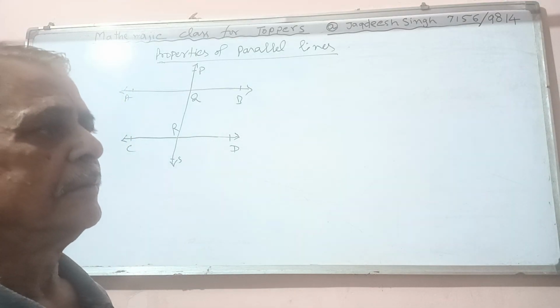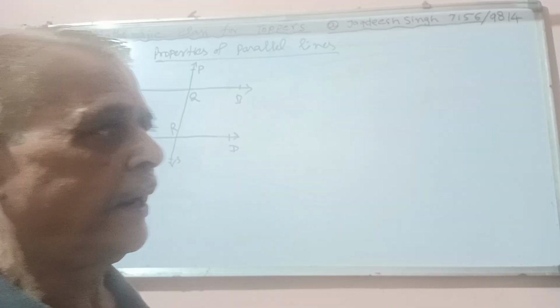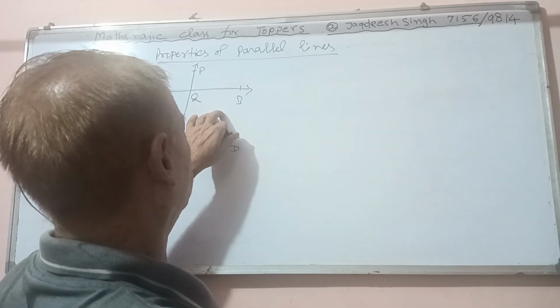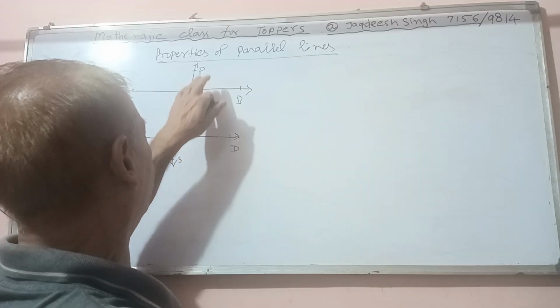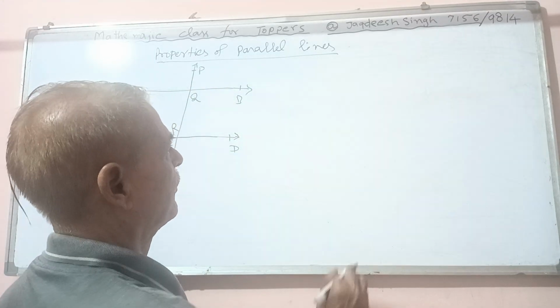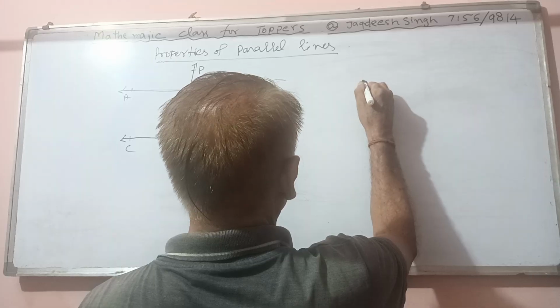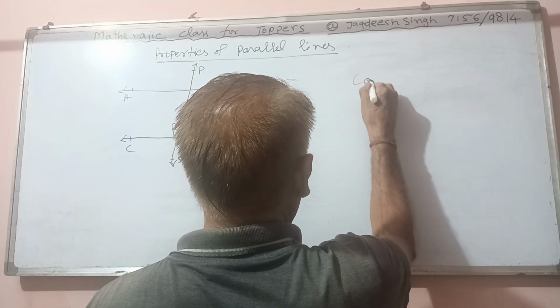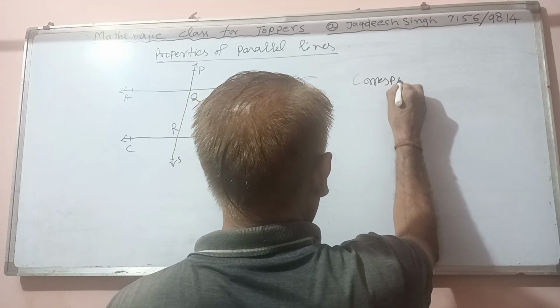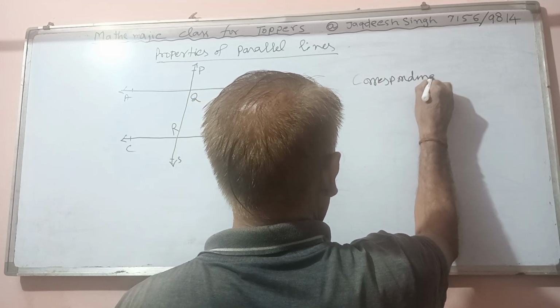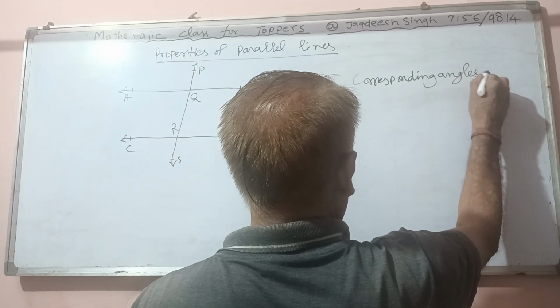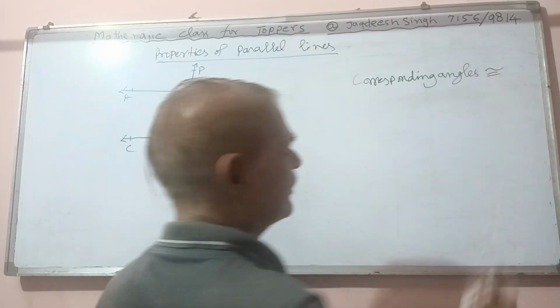There are three types of angles formed with respect to the parallel lines and the transversal. First is corresponding angles. Corresponding angles are congruent.